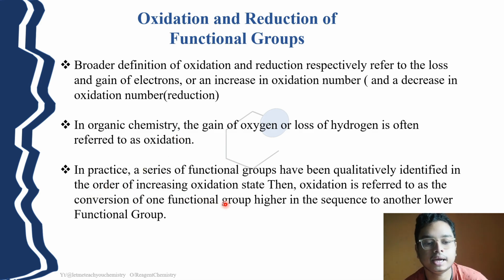Okay, so in practice, a series of functional groups has been quantitatively identified in the order of increasing oxidation strength. Thus oxidation refers to the conversion of one functional group higher in the sequence to another lower functional group. Okay, this particular segment I will explain with an example, but give me some more time to discuss the reduction part from the organic chemistry point of view.